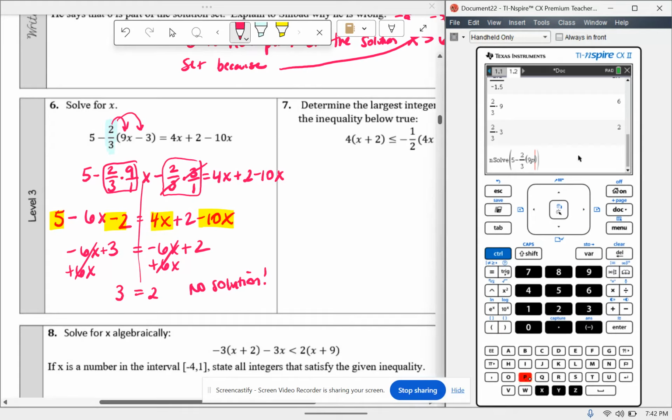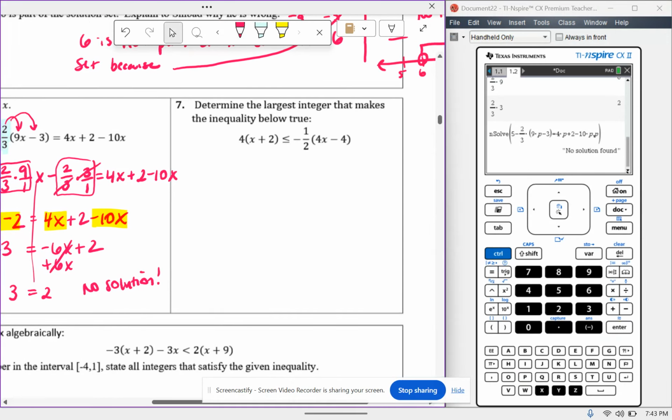Let's change it to a p. 9p minus 3 equals 4p plus 2 minus 10p, comma, p. No solution found. Okay, so we are correct. It is, in fact, no solution.